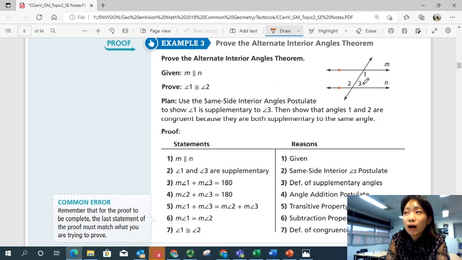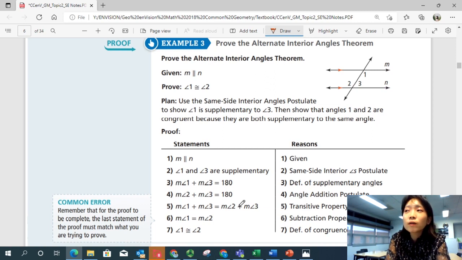But you also have that the measure of angle 2 plus 3 would also be 180 because of the angle addition postulate of linear pairs, right? And so you can say that angles 1 plus 3 is equal to angles 2 plus 3 because they're both equal to 180. You can either say substitution property or transitive property of equality.